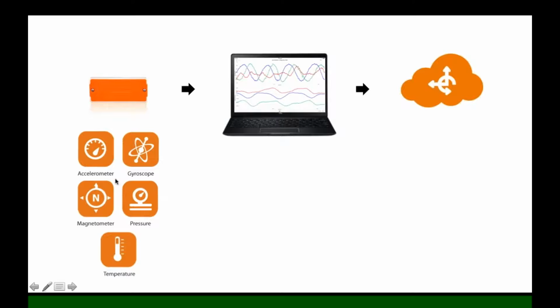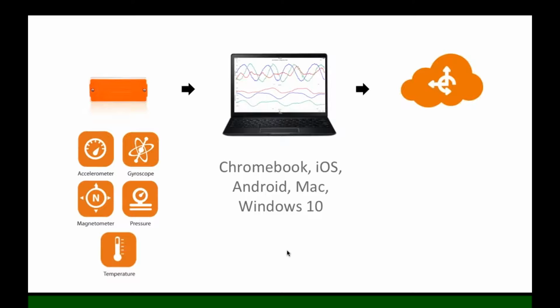We have an accelerometer, which can measure force and motion, a gyroscope, which measures rotation, the magnetometer can measure things like magnetic fields, the pressure sensor can measure altitude and air pressure, and then we have a temperature sensor. We can take all the scientific data that we measure with these sensors and wirelessly transmit it to your device, to your Chromebook. We also work on Android phones and tablets, iOS devices, and Windows 10 devices too.